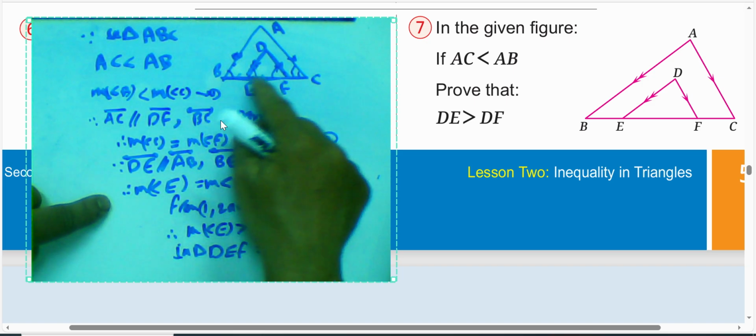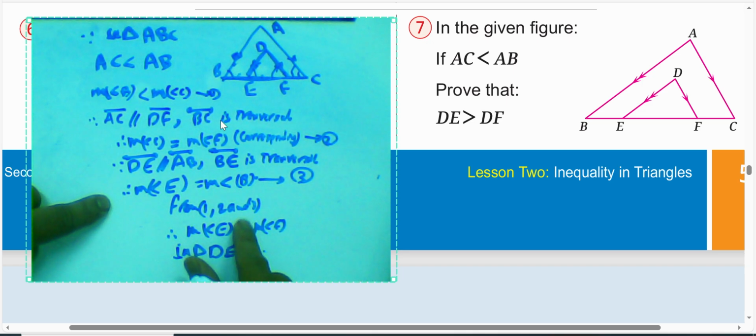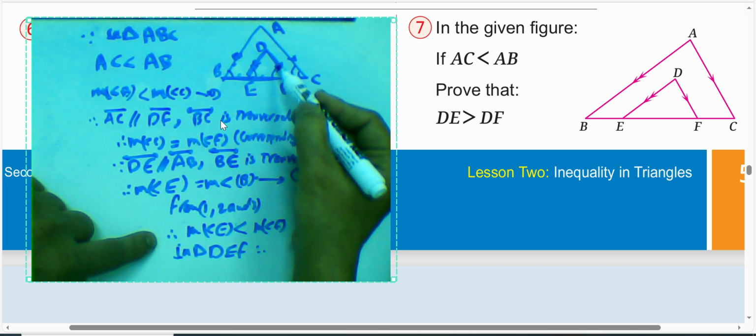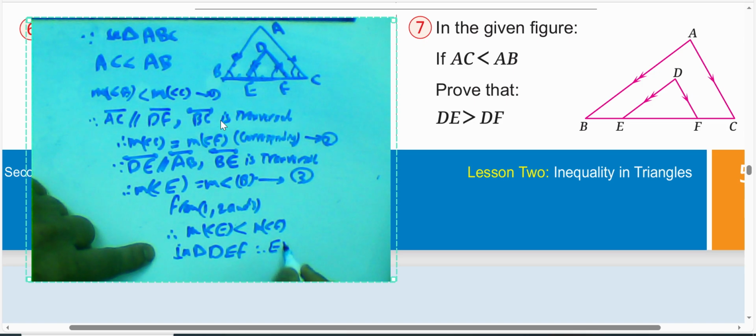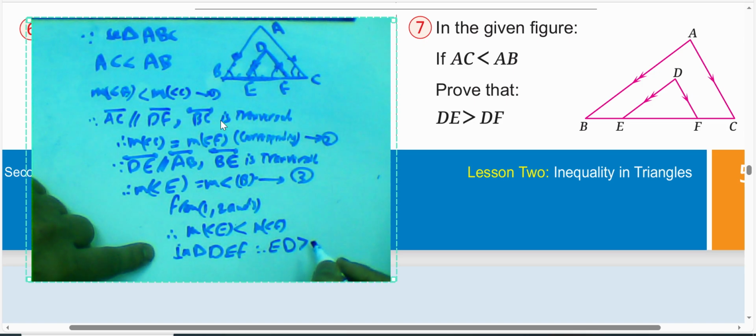Measure of angle B less than angle C. B equal E and F equal C. The measure of angle F greater than measure of angle E. E less than F. F opposite to ED. Then ED will be greater than the opposite of angle EDF. Then DE greater than DF.